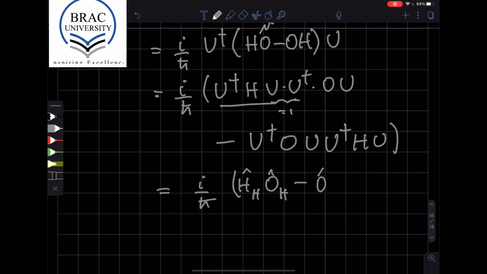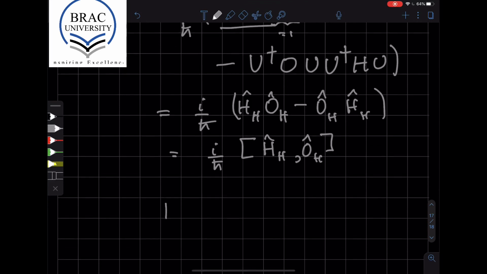And then we get the commutator of H_H and O_H, multiplied by i over h bar. But you see that the Hamiltonian in the Heisenberg picture is e to the power i t over h bar, big H, acting on H in the Schrödinger picture, and also in the Schrödinger picture, e to the power minus i t over h bar, H_S.